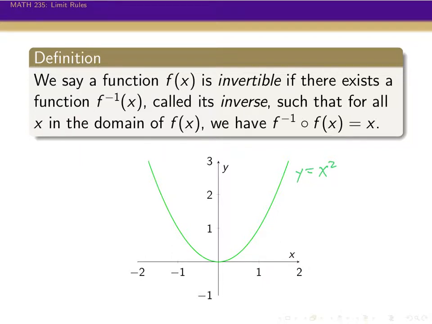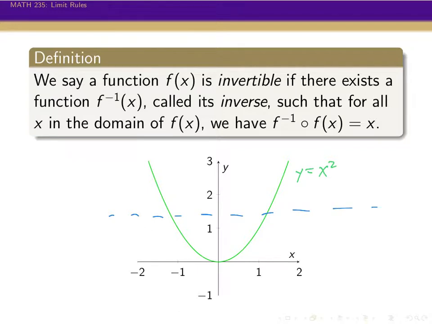So remember that for f itself to be a function, that's talking about the vertical line test. That if we took vertical lines, they're only going to pass through the function at most once at any point. If we want it to be invertible, that means that we need to be able to swap the x and the y values and still get a function, right? Well, that's thinking about what's called the horizontal line test.